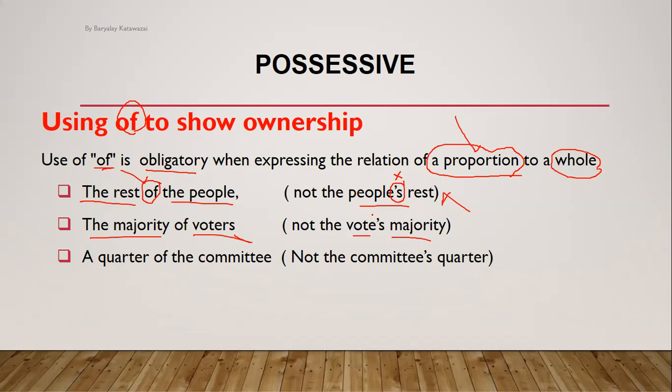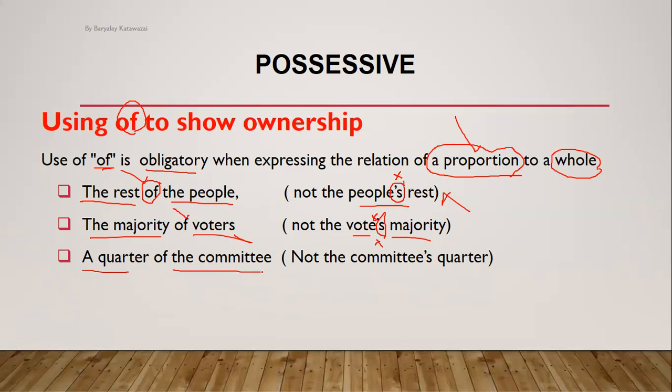You don't say voters' majority. Why? Because you are talking about the proportion of a whole. So you should not use apostrophe s. What should you use? You should use of. Majority of voters, majority of the students, majority of the instructors. See, a quarter of the committee.